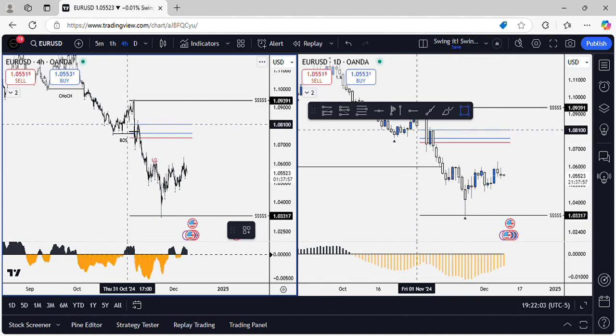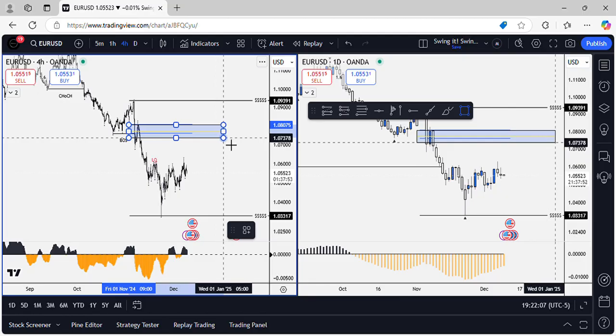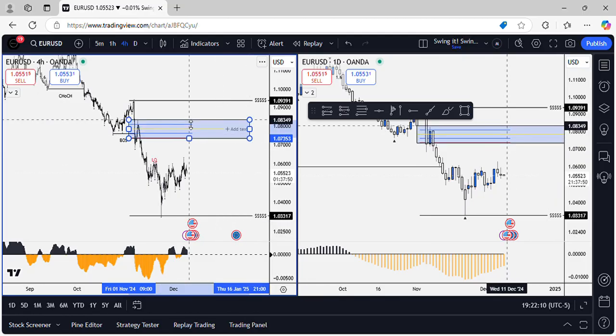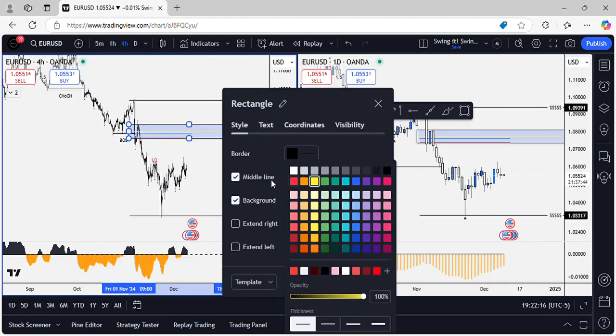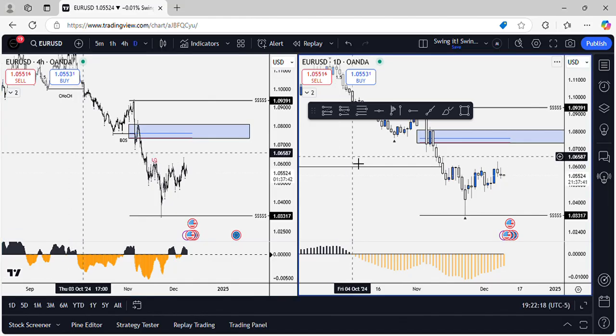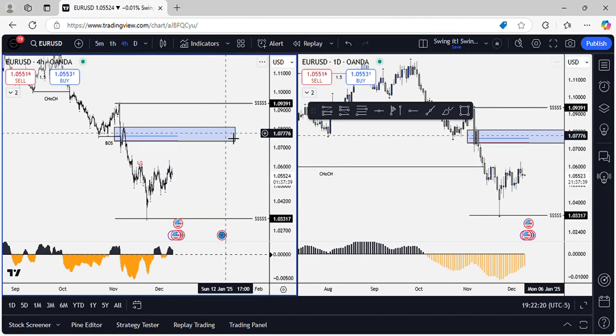So that is that. I'm going to mark a blue box around this, so I know once price gets to this area, I should be looking for some type of sells, give or take.